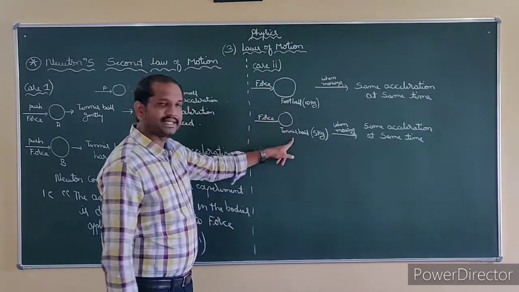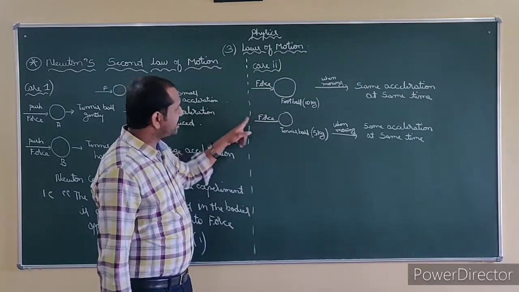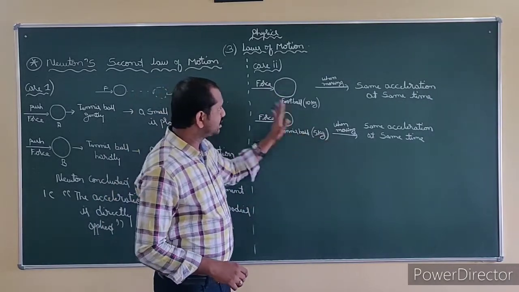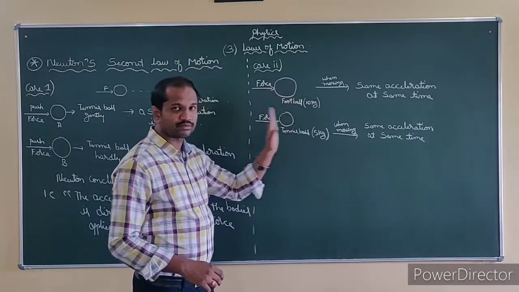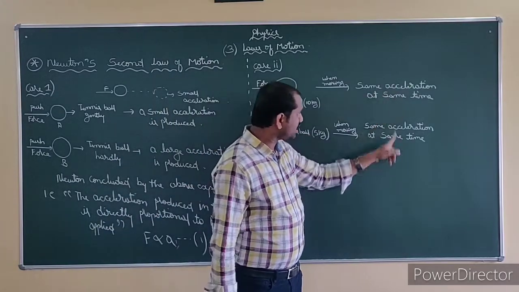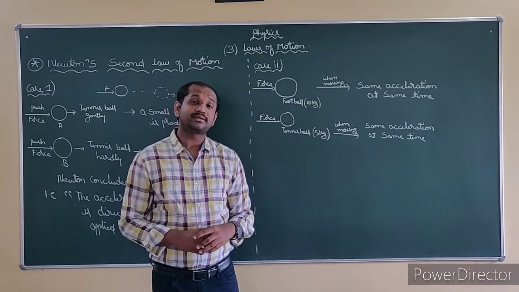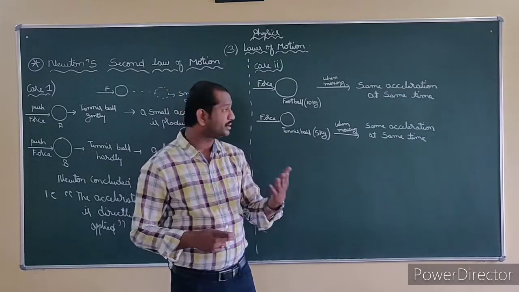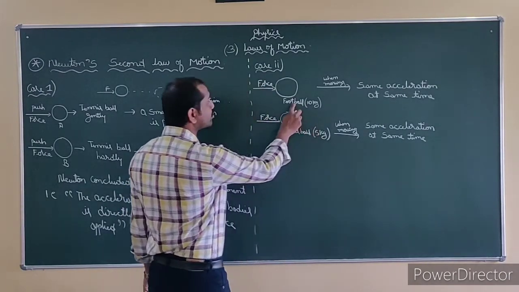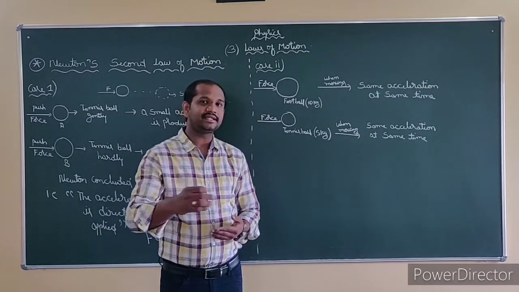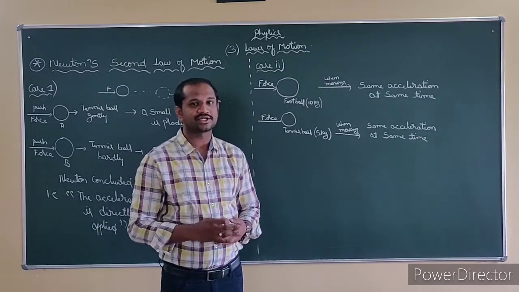I have a football and a tennis ball. We are applying a force on both. When both balls are moving, they should have the same acceleration at the same time. Whatever force you apply, obviously you should apply more force on the football and less force on the tennis ball. Then they can both have the same acceleration.